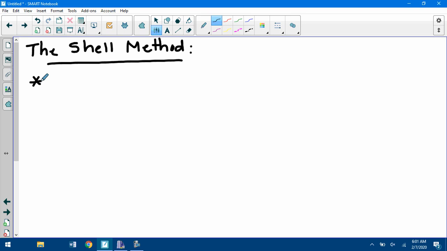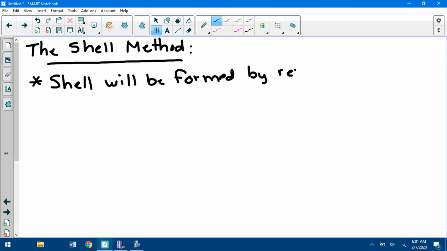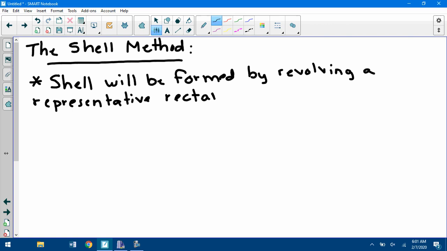The nice thing about the shell method is that the shell will be formed by revolving a representative rectangle that is parallel to the axis of rotation.